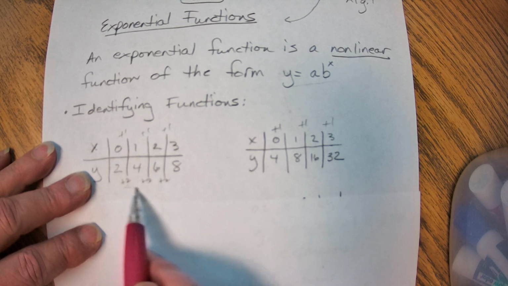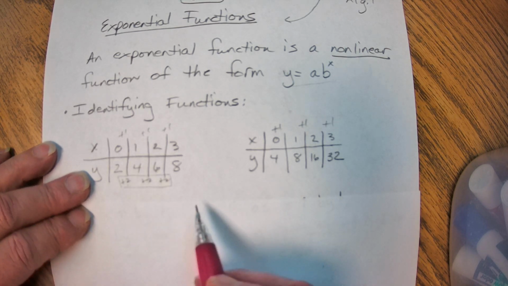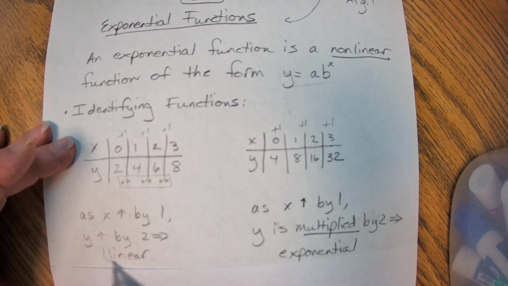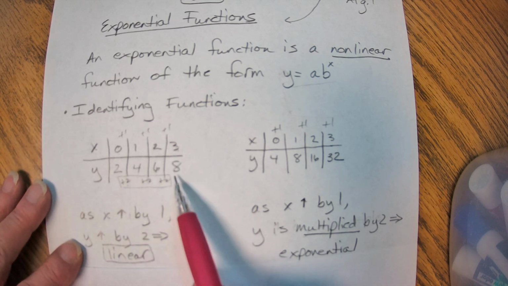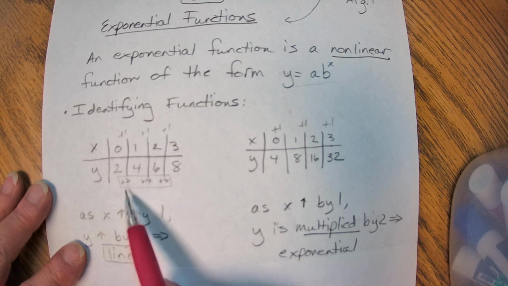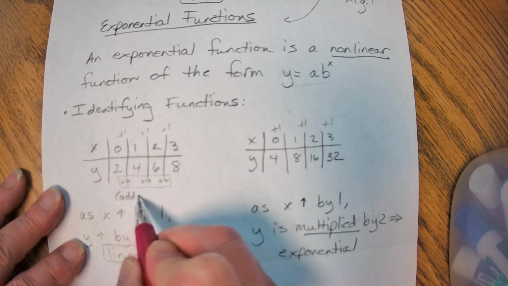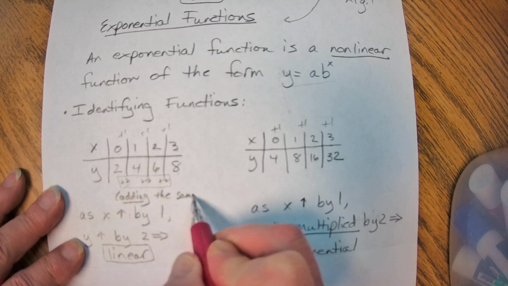Notice that these are all the same, and I'm adding. That means this is a linear function. As x goes up by 1, y increases by 2 each time. So we're adding the same amount.